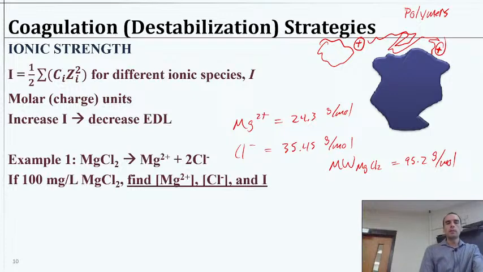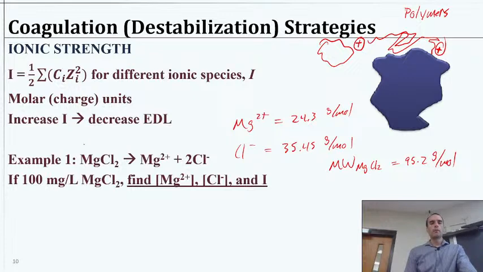So we want to get the molecular weight here. We have to find the molecular weight of magnesium chloride first, because we need a relationship to say how many moles per liter of magnesium chloride we actually added. We could just say how many moles did we add in a given liter.